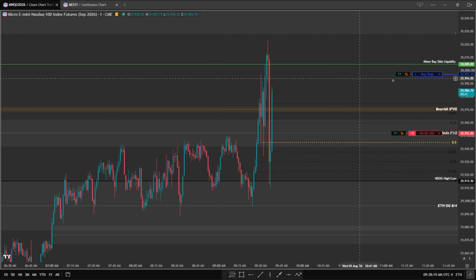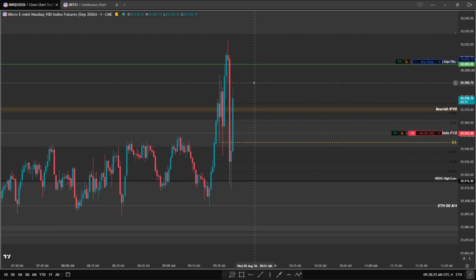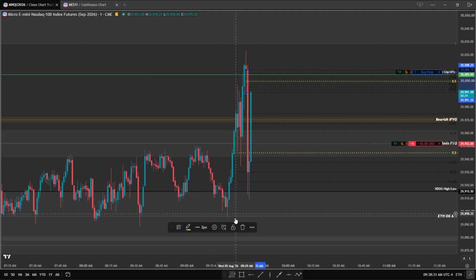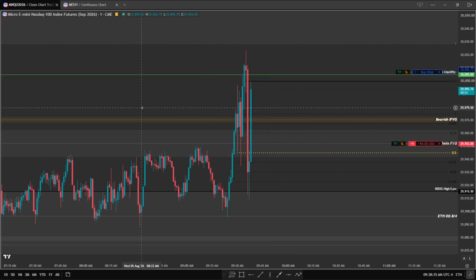Wow. I'm gonna put it above this wick's midpoint. That's not good. That's an insane retracement.